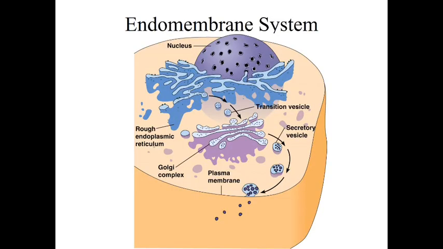So here we can take a look at the endomembrane system, and we can see the rough ER. The little dots on the rough ER represent the ribosomes. So those ribosomes are making proteins. They're dropping down into the rough ER where they're shaped, modified, and packaged into vesicles. Those vesicles break off, and you can see each of these little vesicles eventually heading to the Golgi apparatus where they'll be stored, further modified, packaged.